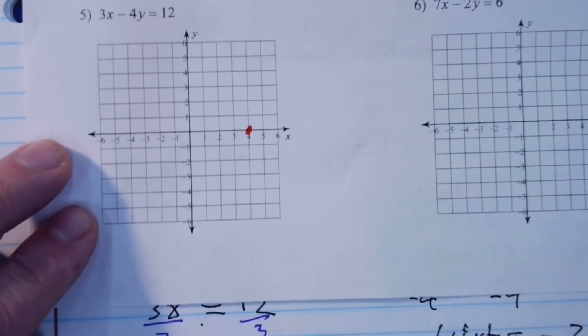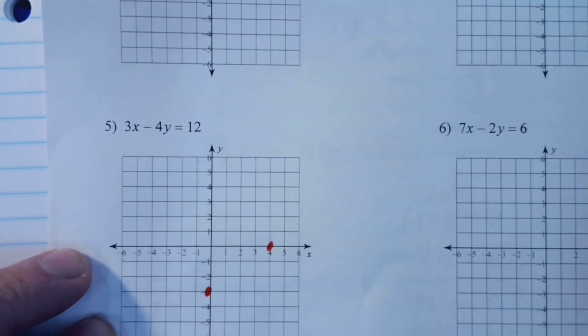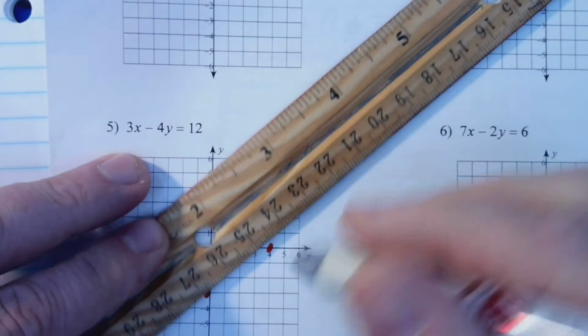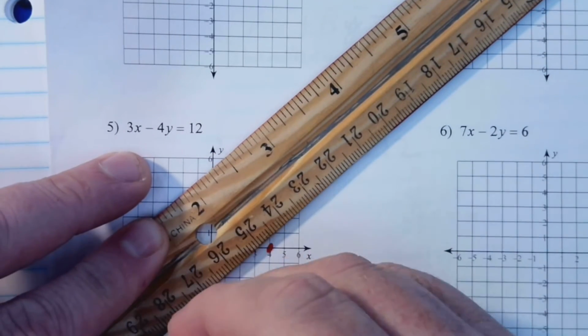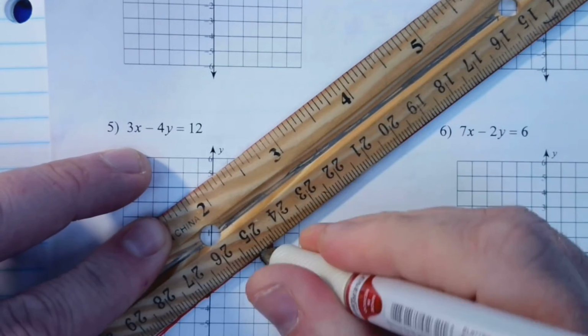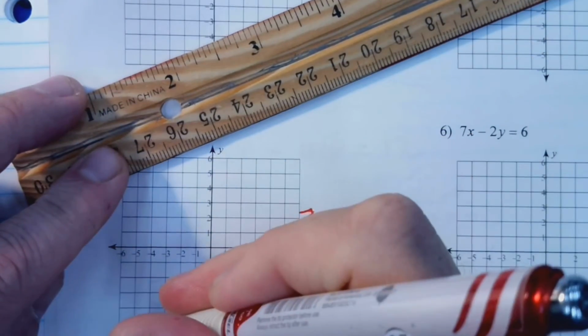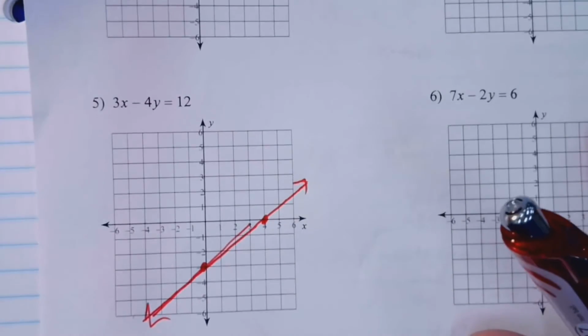We have a y-intercept of -3. I missed a little bit with my graph, but that's basically it.